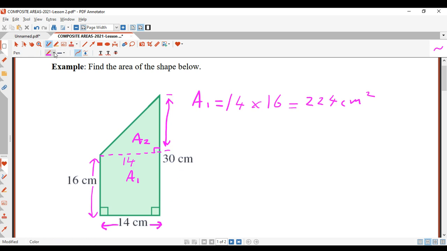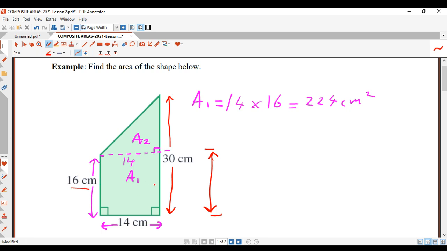So let's just change colours for a minute. I'll just get rid of this little bit here. Okay, so we know that going from here all the way from the top to the bottom is 30. Okay, that's what the question tells you. But we also know that from here to here, this distance there, we know that is 16 centimetres.